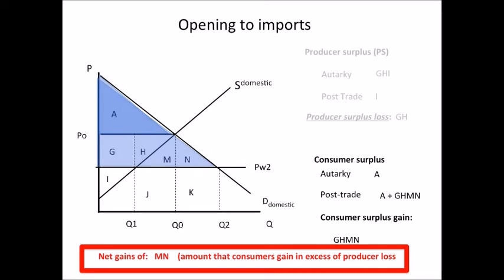If you look at the consumer surplus gain and the producer surplus loss, we have net gains. If you consider a transfer between the domestic agents, the domestic consumers and domestic producers, to have no effect on welfare, that we don't really care who keeps the dollar as long as it stays domestically, then the net effects, the consumer gain minus the producer loss, is area M and N. Those are the efficiency gains associated with imports.